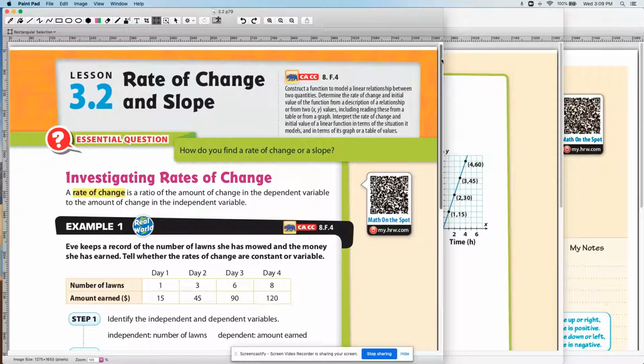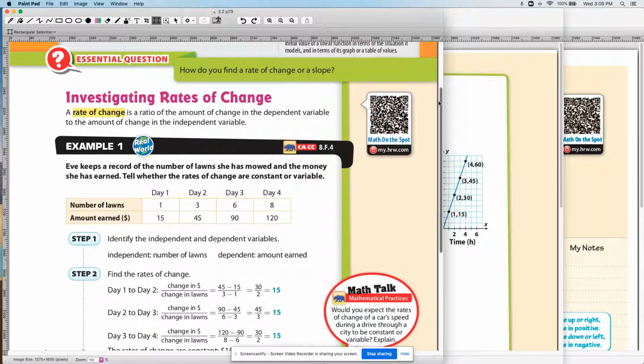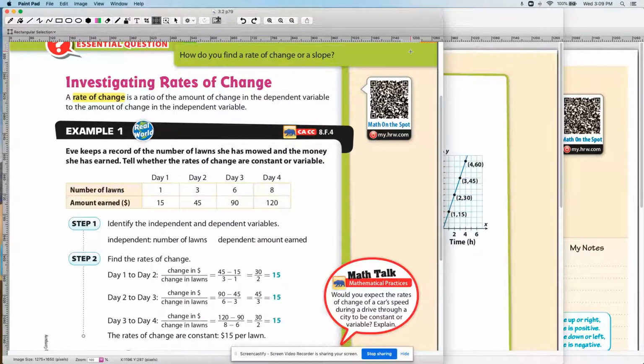So in our previous lesson, we talked about proportional relationships, and we remembered how to find slope. We remember that slope is the letter M, and it's y2 minus y1 over x2 minus x1.